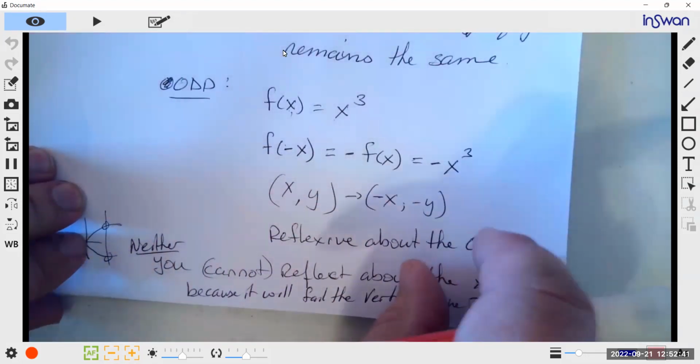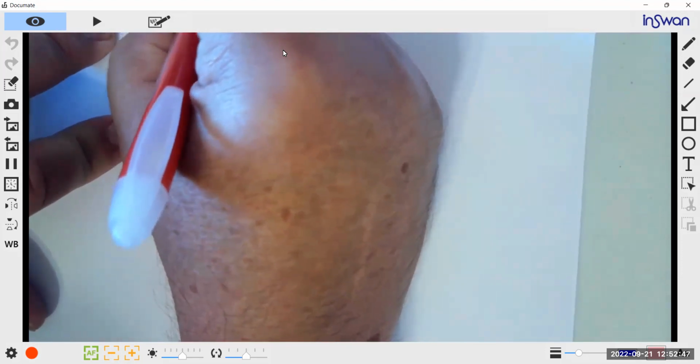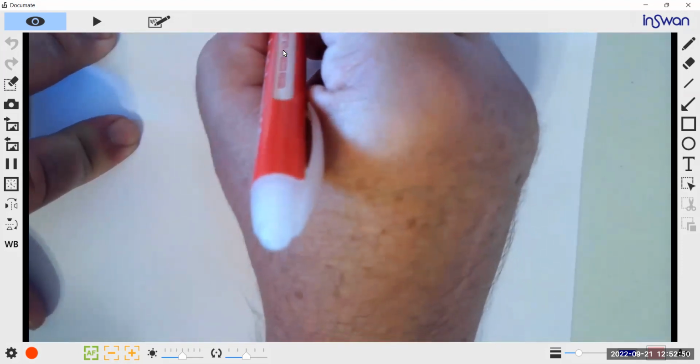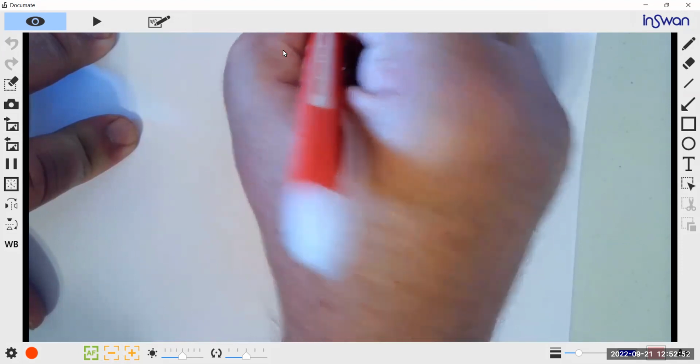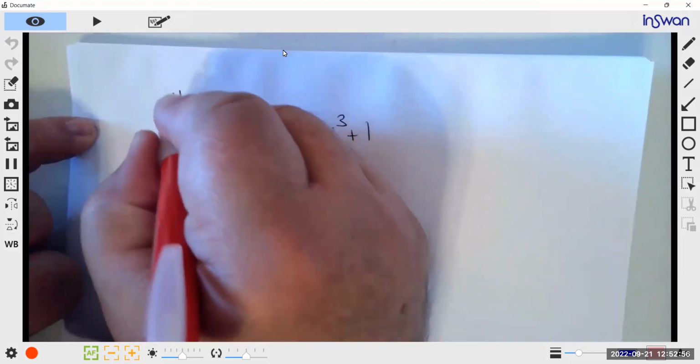Let's look at an example of a neither. F of x equals, this is for a neither.